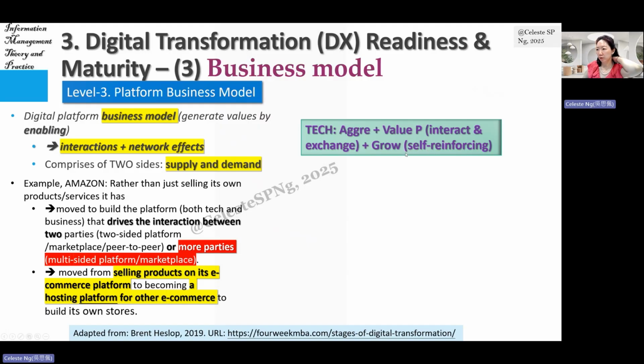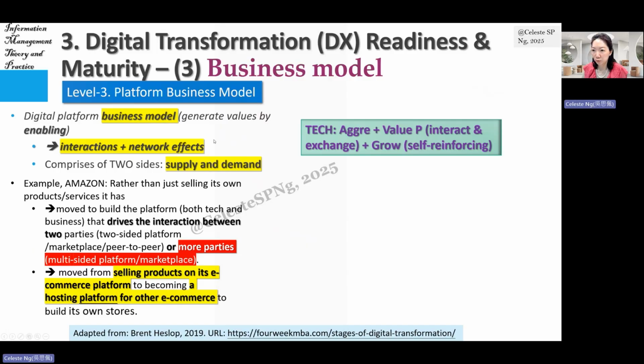Self-reinforcing here refers to the network effect, whereby the platform will grow by itself if the right mechanism is in place, such that the value proposition is continuously created and new values are generated. This allows more users to come into the platform, and when more users come in, more supply side players will come in.